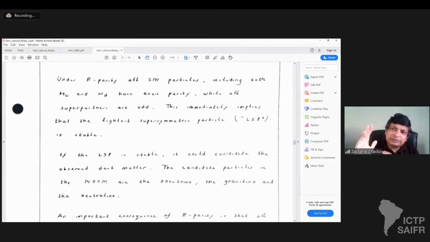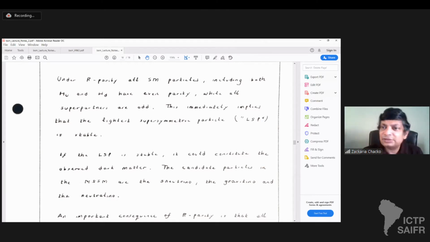So immediately, the moment you impose R parity, there's a prediction, which is that the lightest supersymmetric particle has to be stable. Because it has R parity minus, and it cannot decay to just standard model particles because those all have R parity plus. R parity is conserved, so just one minus can't decay to a bunch of pluses.